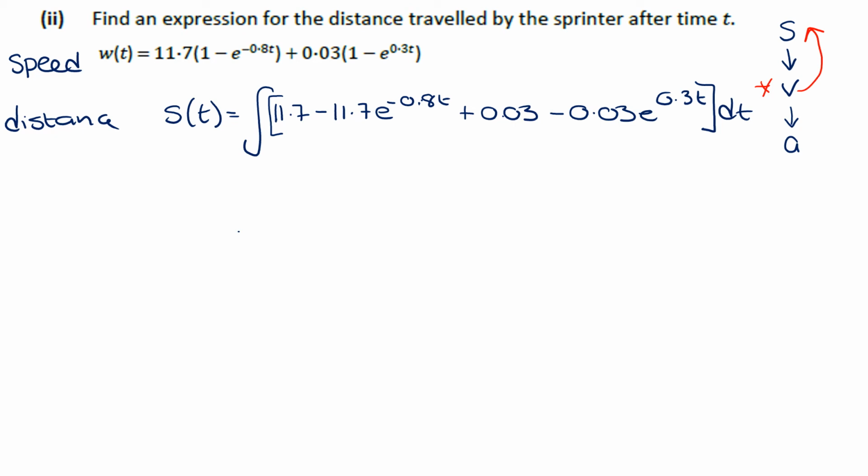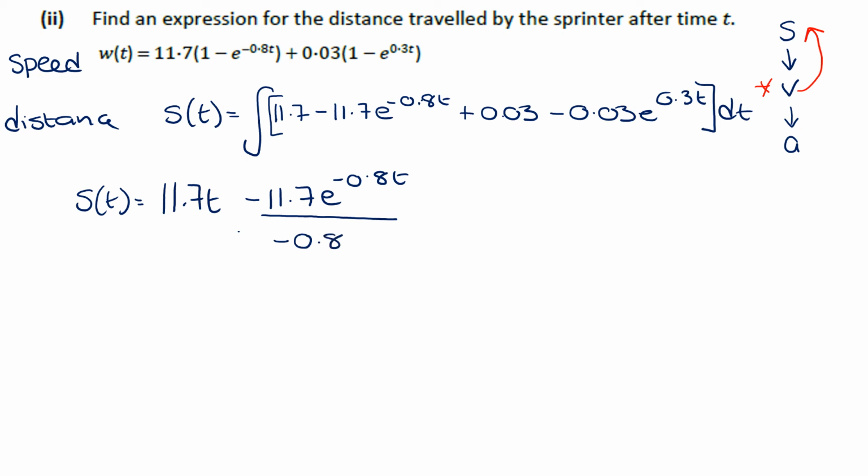So in your log tables, go to your page where it gives us the rules of integration. And what we're going to get is this becomes 11.7t. Now, e, be careful again not to just add a 1 to your power and divide by your power, because that is when we have t to a power. Here we've e to the power of t. So what I'm going to have is 11.7 e to the minus 0.8t, nothing changes, but I divide by the derivative of the power, or it kind of again looks like the coefficient of t.